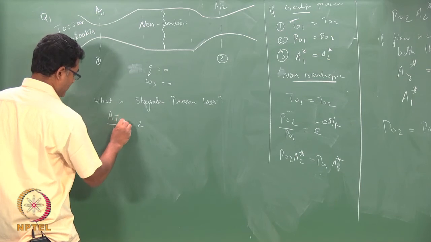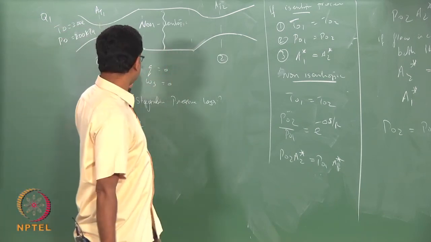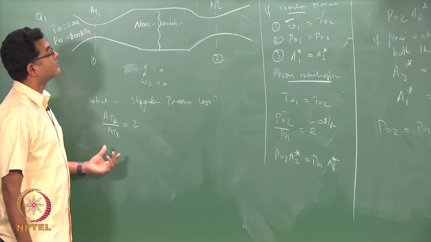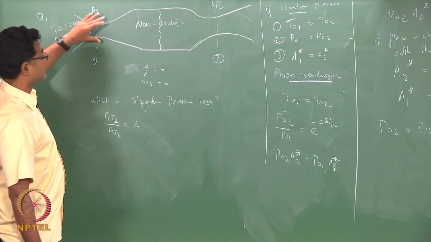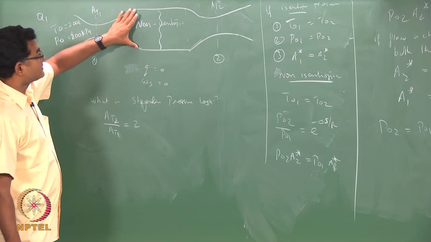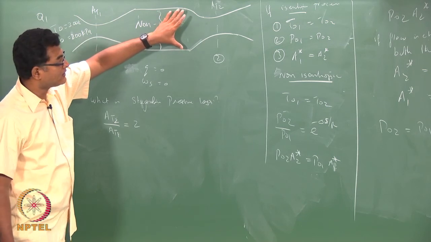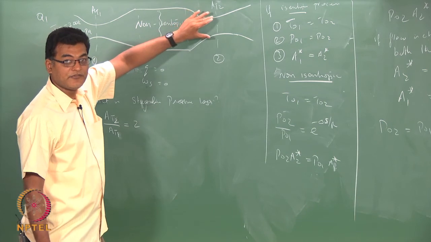So, my AT2 by AT1 is 2, because your second throat should be larger than your first throat. Okay. So, the process is you are generating a supersonic flow, and at the exit you have a supersonic flow. That supersonic flow remains constant in your constant area duct, and then it is reduced by a supersonic diffuser.